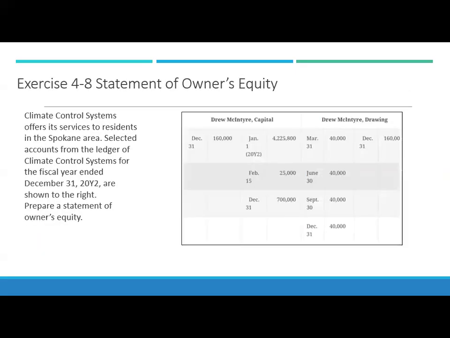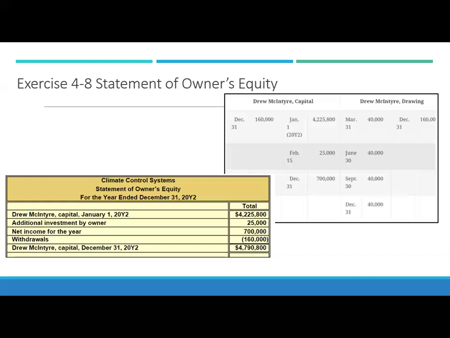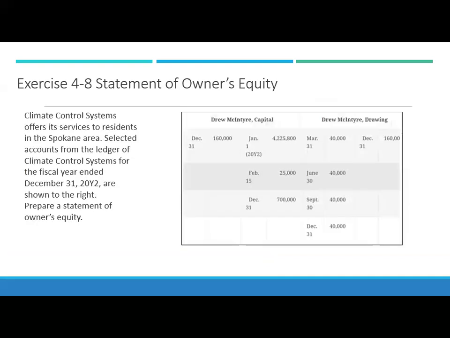And then for this example, we're told to prepare the statement of owner's equity. And what we see here is we have the capital account, we have a beginning balance of 4,225,800.